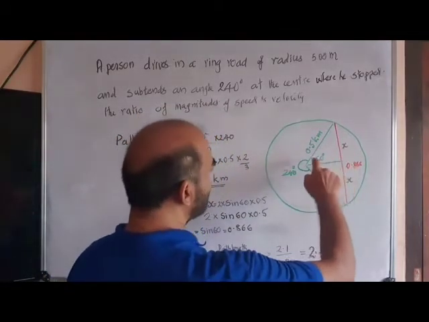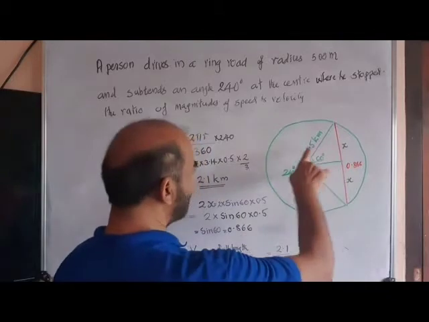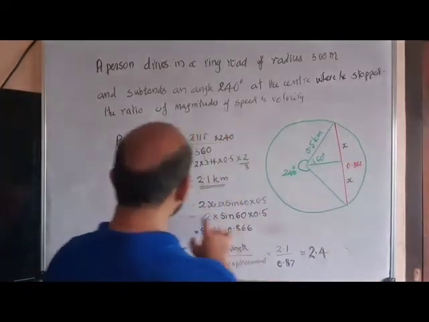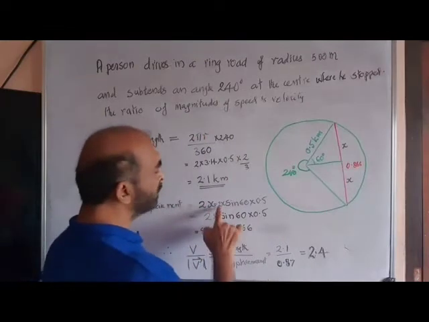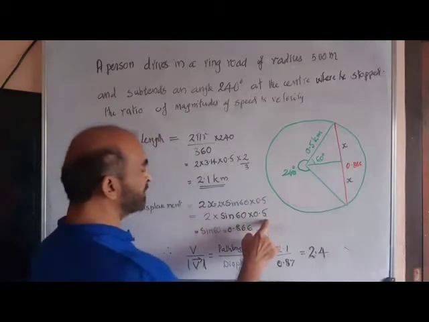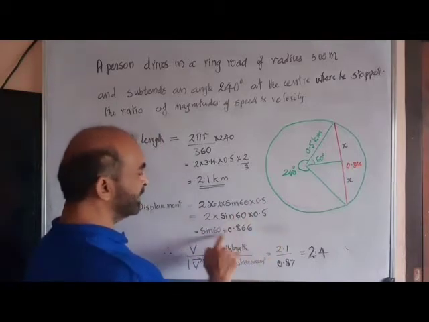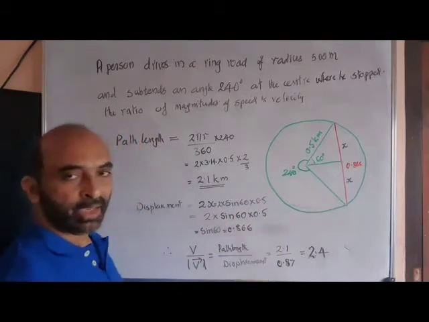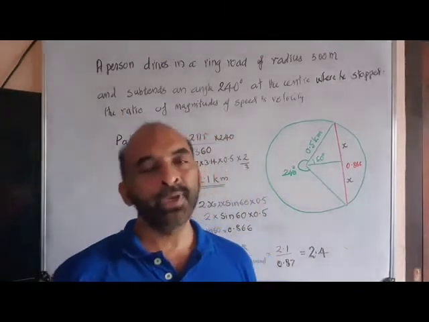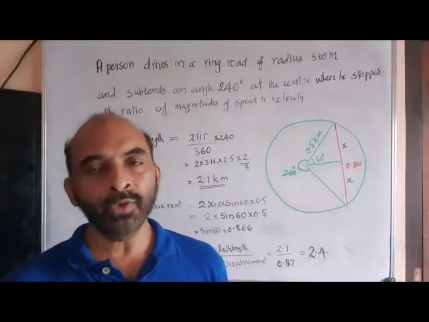Or x is equal to sine 60 into 0.5. But total displacement is 2x. So displacement is equal to 2x is equal to 2 into sine 60 into 0.5. 2 into 0.5 is 1. So sine 60, 0.866.